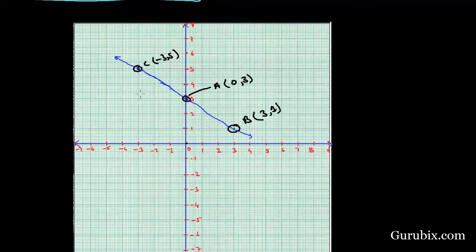This is the line of 2x plus 3y equals 9, or we can say that this line is 4x plus 6y equals 18. So this is the solution of the example. Thank you.